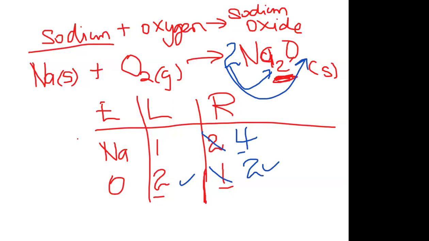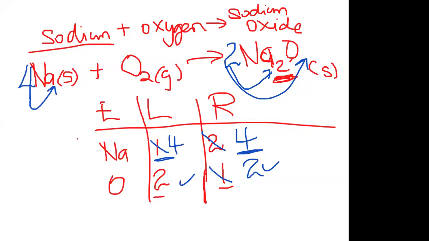My sodium is 4. What number multiplied by 1 gives me 4? 4. So I put 4 in front of the sodium element. Sorry. So 4 times 1 sodium is 4.